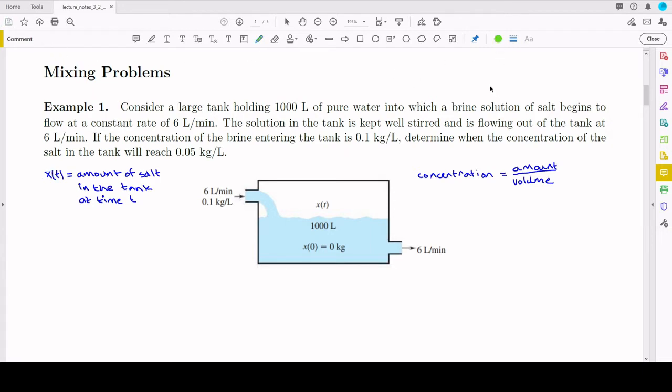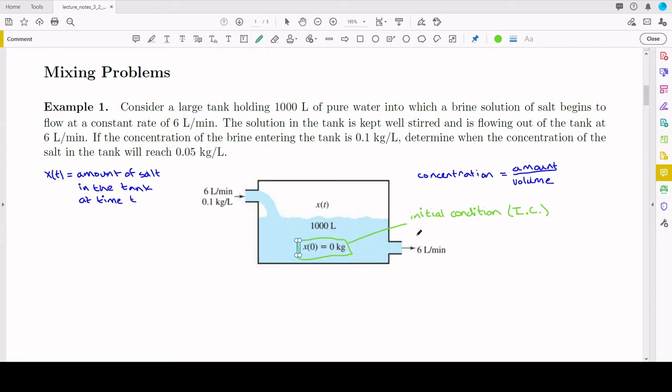Okay, now we're going to have to set up a differential equation for this system. And one of the first things that we can notice here is that x of 0 is 0. So this is our initial condition. That part is the easiest part right there.